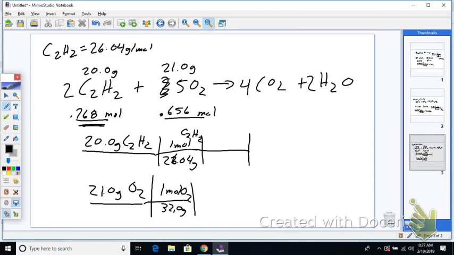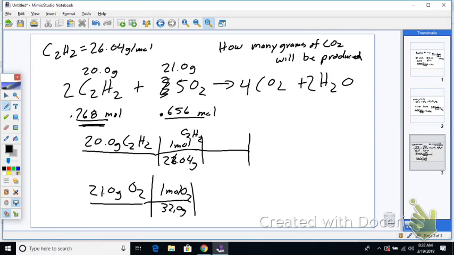Let's say the question asks how many grams of CO2 could be produced. So what you have to do is recognize which one's limiting so you can figure that amount out. Now, we probably have a really good idea that oxygen is it, but you want to prove it.